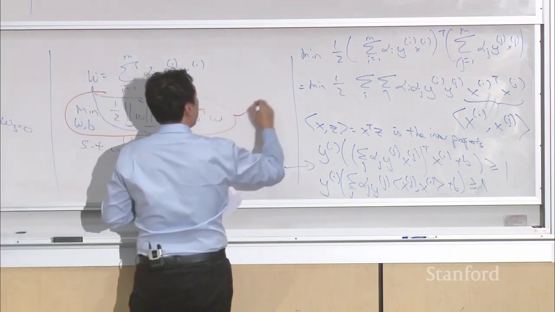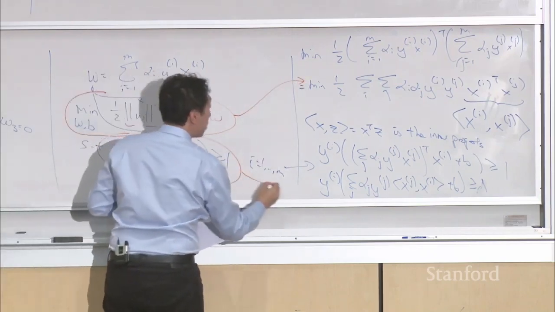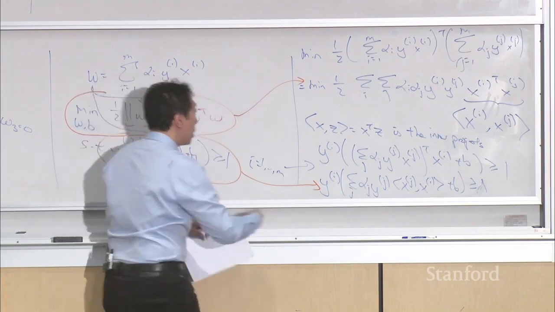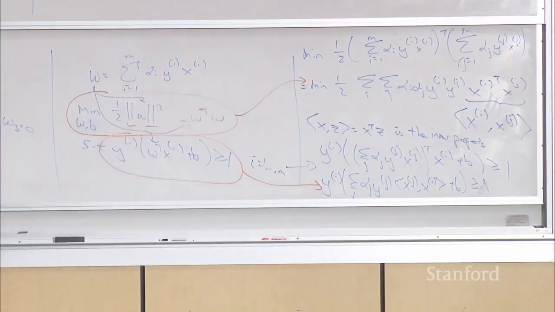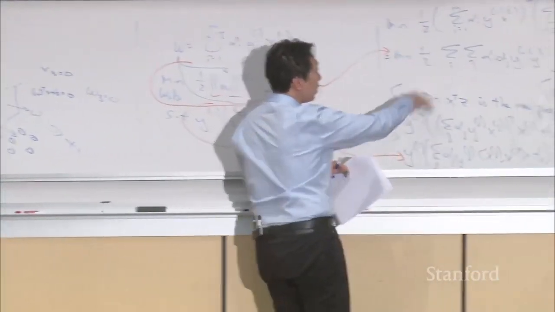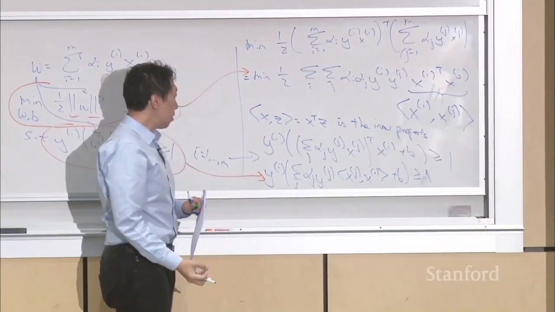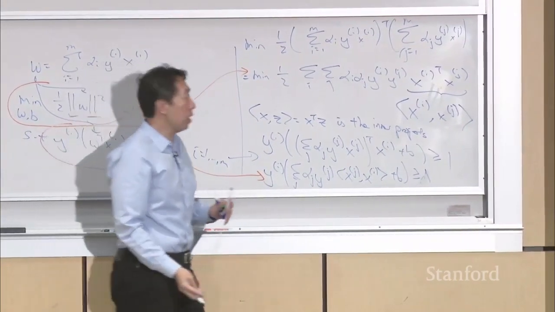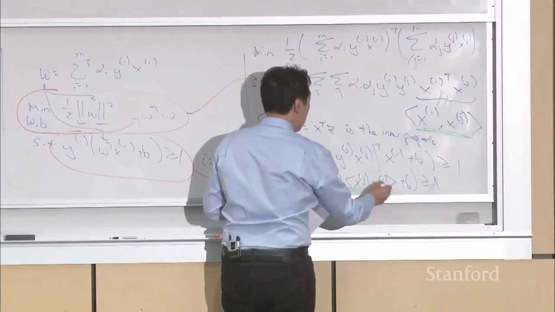So that becomes this, and this becomes that. Okay. And the key property we're going to use is that if you look at these two equations in terms of how we pose the optimization problem, the only place that the feature vectors appear is in this inner product. Right?